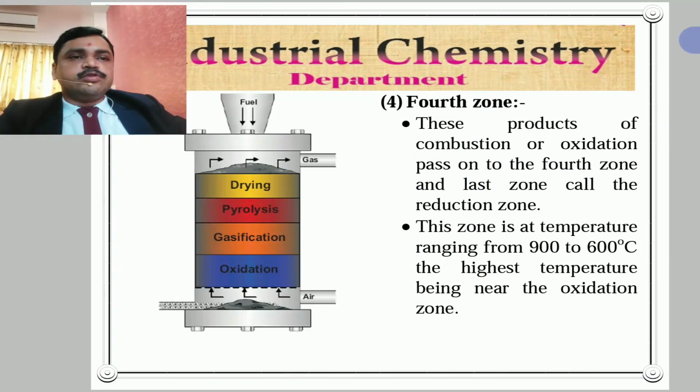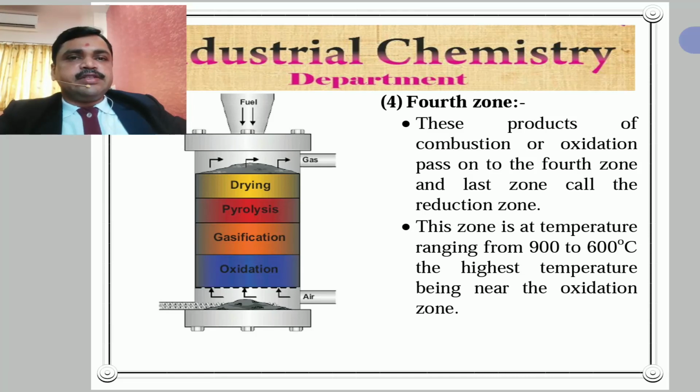Now the fourth zone, the last zone of the gasifier. The product of combustion or oxidation passes into the fourth and last zone, called the reduction zone. This zone is at a temperature ranging from 900 to 600 degrees Celsius.